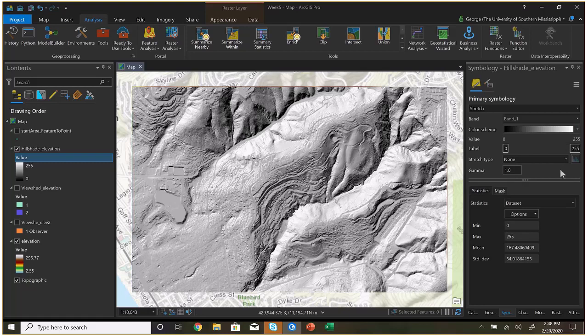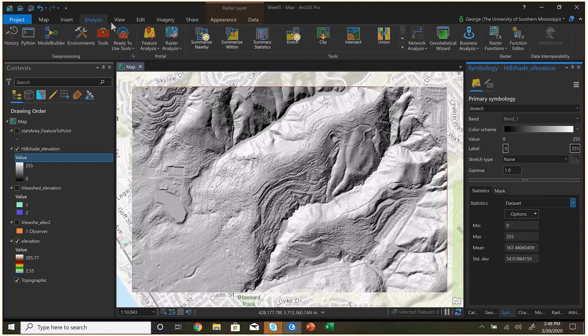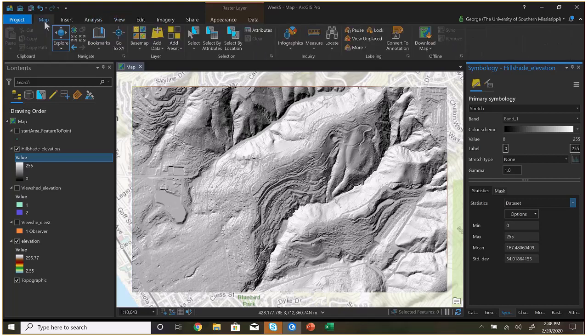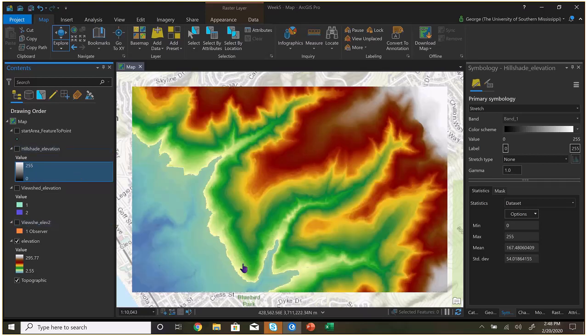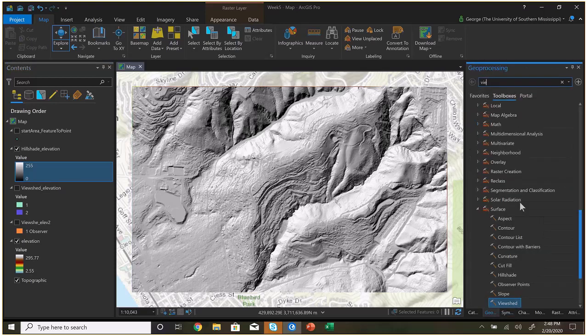It should be opacity. It's not something that I'm as familiar with in ArcGIS yet. Anyway, I'll find that out. But you can change the opacity of this data set, and then you can see the elevation values through it. So that's an option.